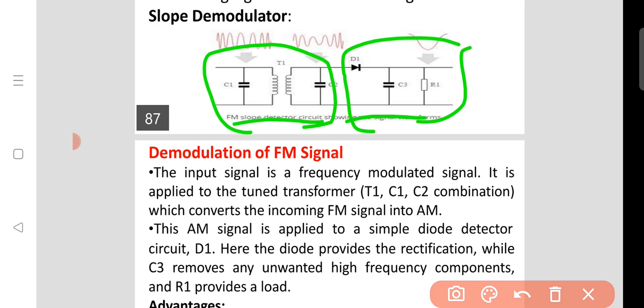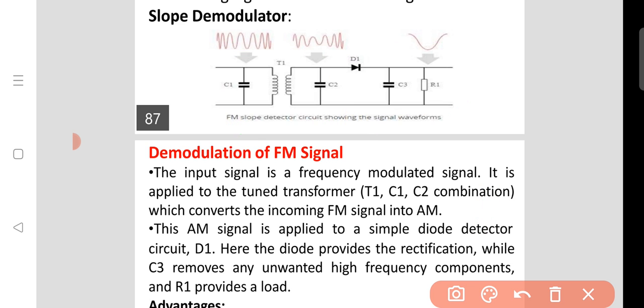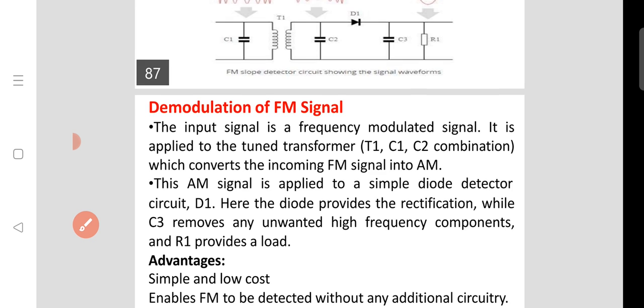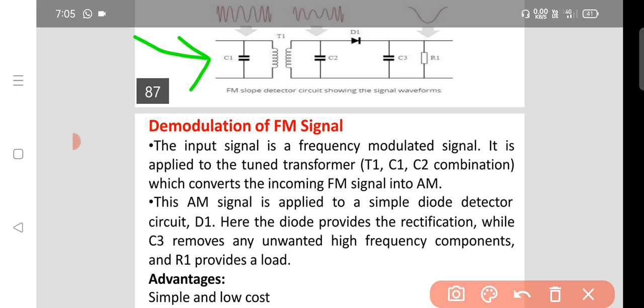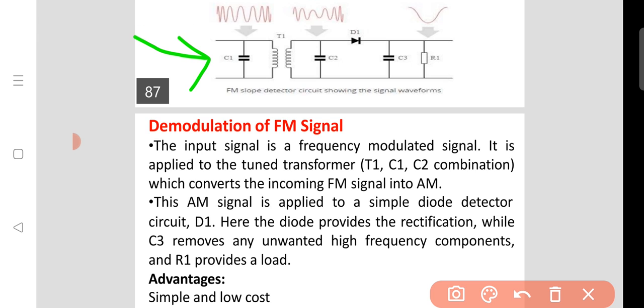First of all, the modulated FM signal is applied over here.